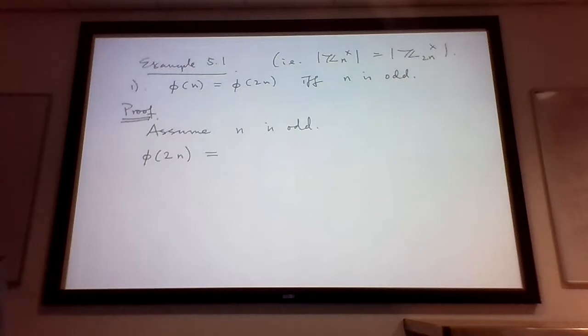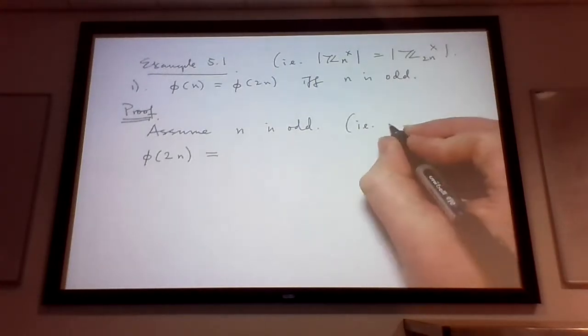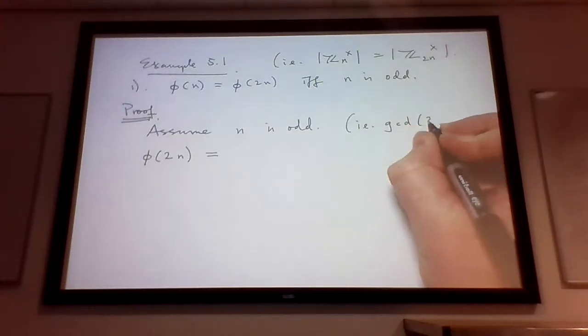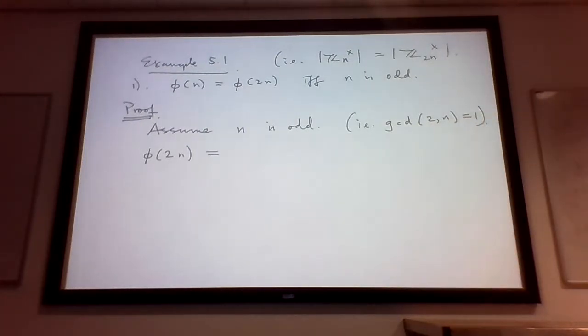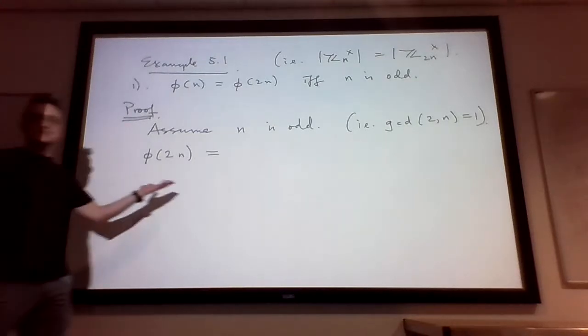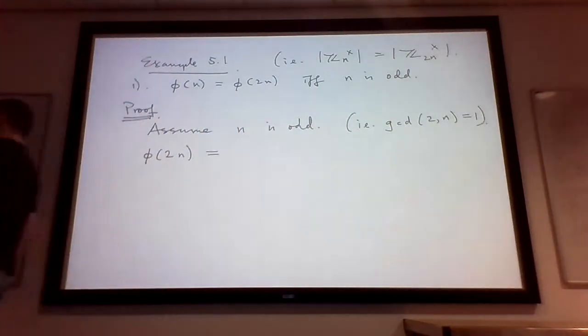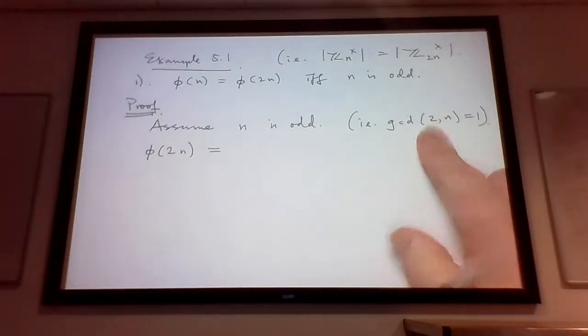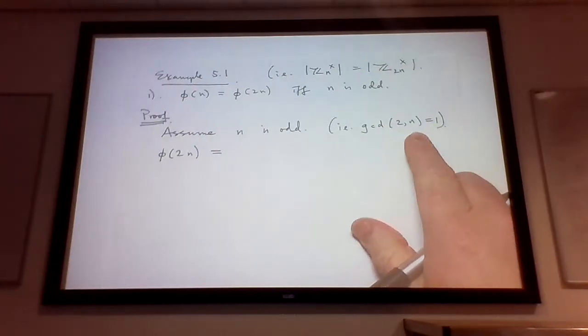Well, the definition of odd is you're not divisible by 2. So if you're not divisible by 2, your greatest common divisor between yourself and 2 is what? So another way of saying n is odd is saying that the GCD of 2 and n is 1, because 2 only has 2 divisors, namely 1 and 2. So if the greatest common divisor is 1, then it means n is not divisible by 2.